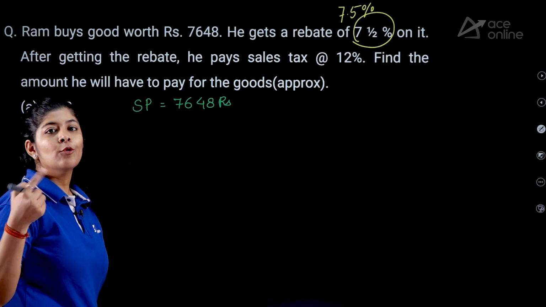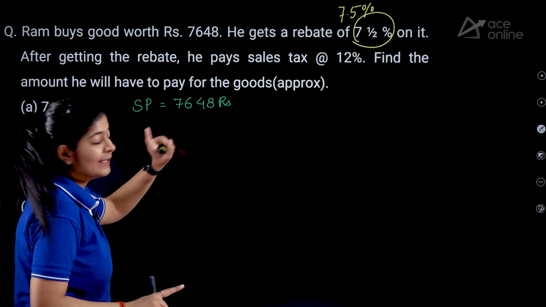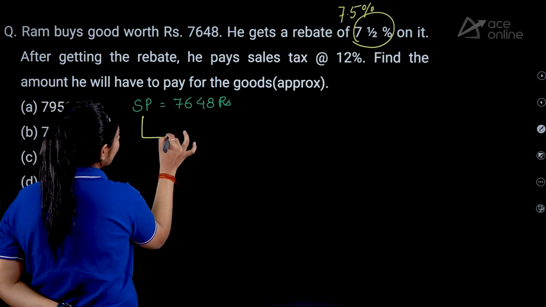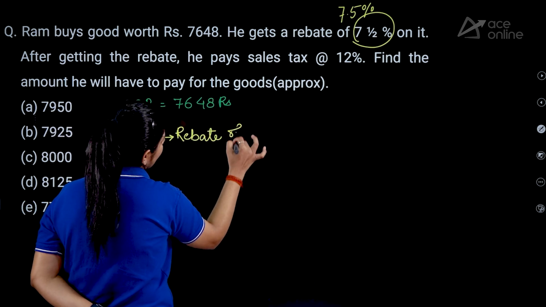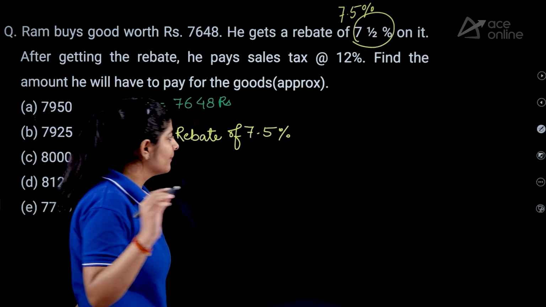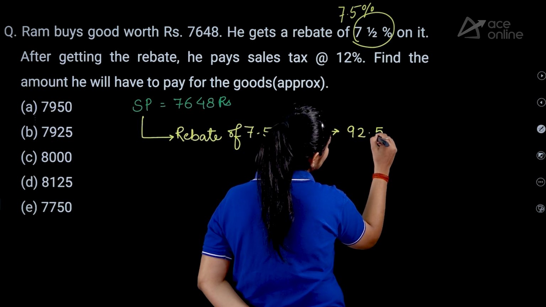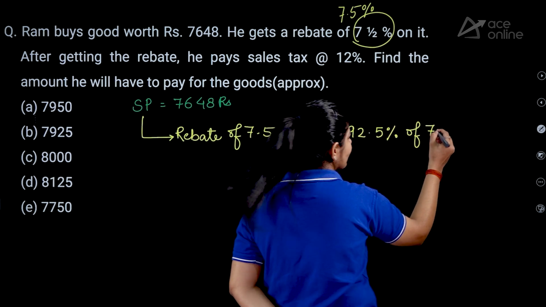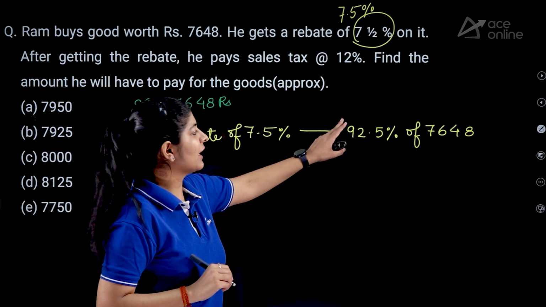That means he only has to pay the 92.5% of this selling price. Now, because of getting the rebate of 7.5%, he only has to pay the 92.5% of 7,648, right? So first we need to calculate this value.